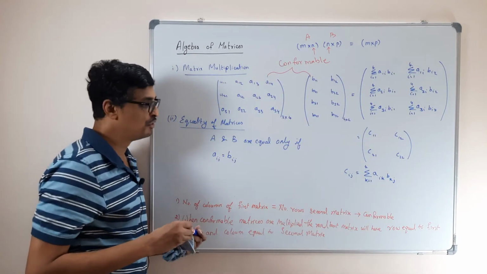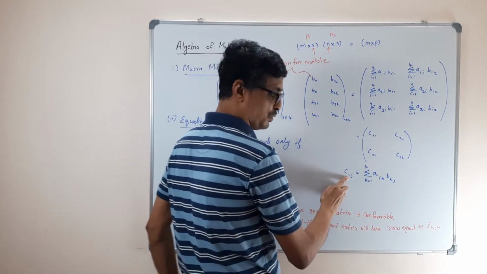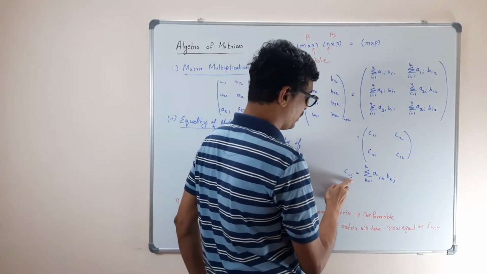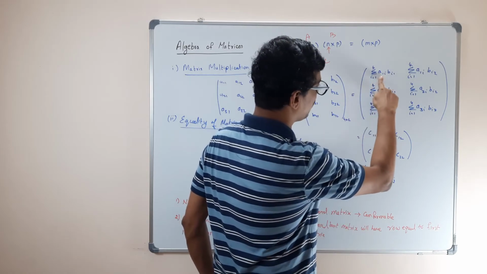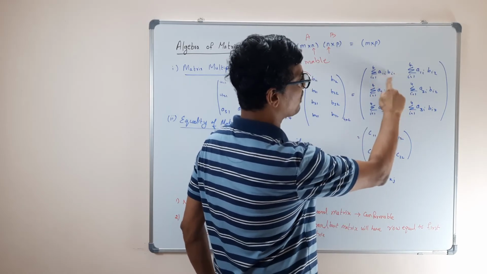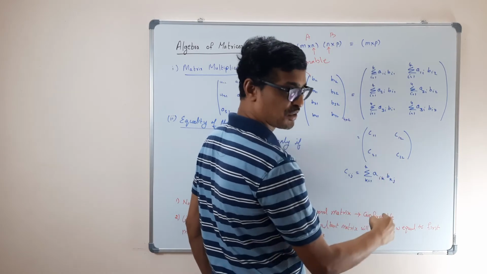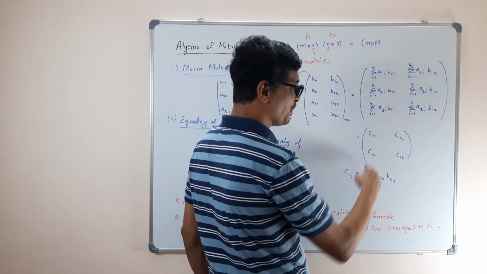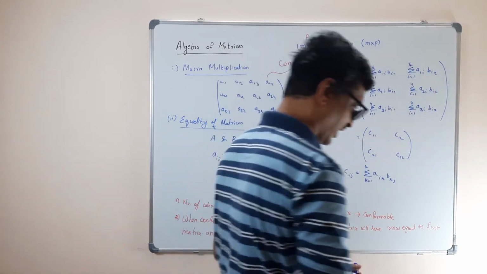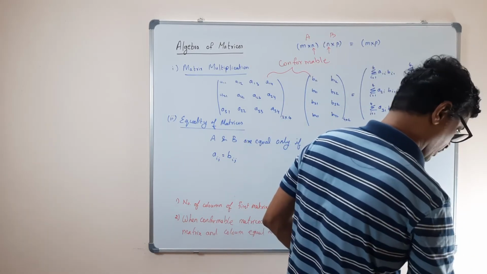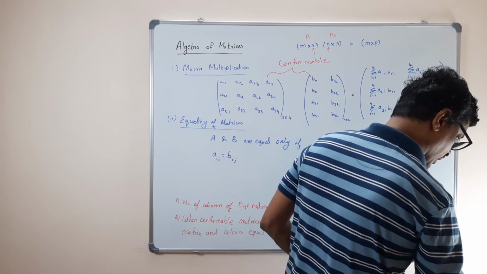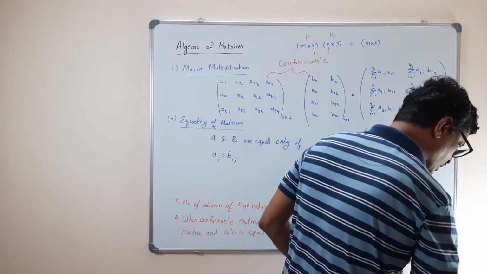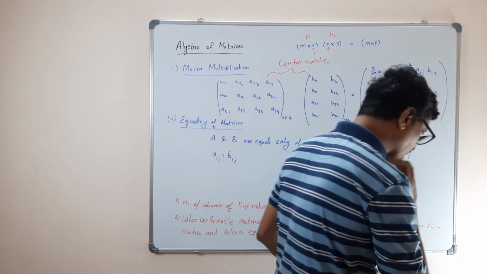Now put the value. When i equal to 1 and j equal to 1, the corresponding value comes. Similarly, when i equal to 2, you can keep substituting and you can see. For any other matrix, the number in the summation could be different.